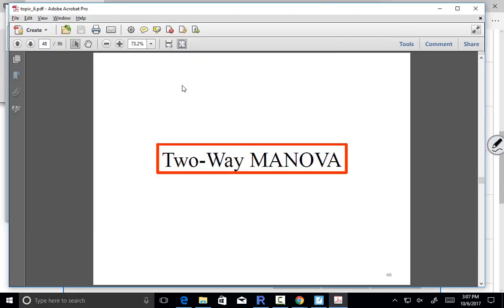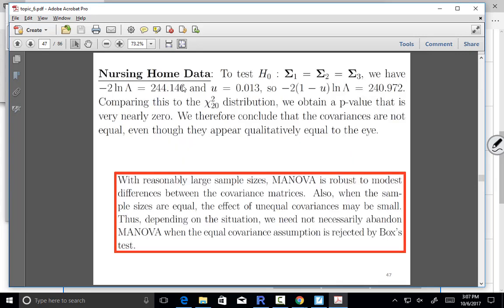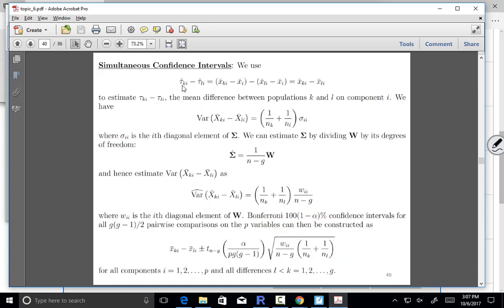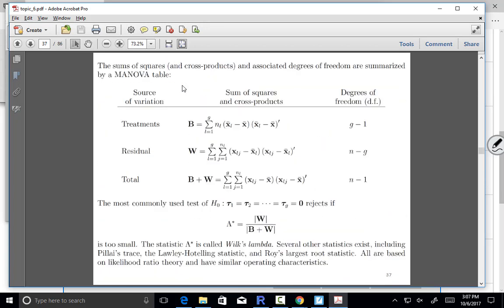So we saw in the notes a review of one-way ANOVA, and then showed how that translates to multivariate ANOVA. I'll show this slide. Here's the MANOVA table. There's an ANOVA table that is sums of squares.